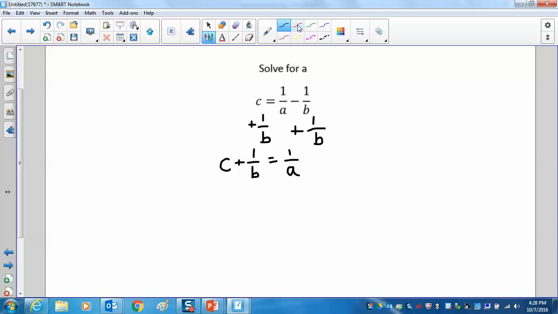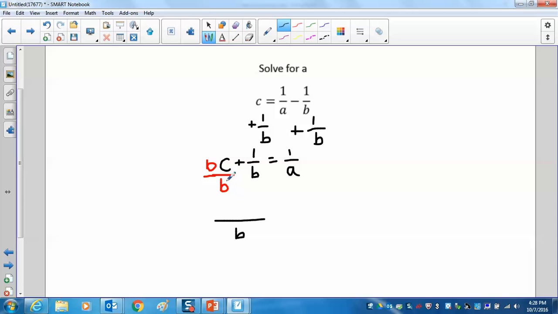And in order to do that, we need to get a common denominator. And our common denominator should be b. So if our common denominator is b, I need to multiply the bottom of this fraction and the top of this fraction by b. So we don't change the value, we're just changing the way it looks, because bc over b is still c. But now we have a common denominator. Now b is our common denominator on the left.